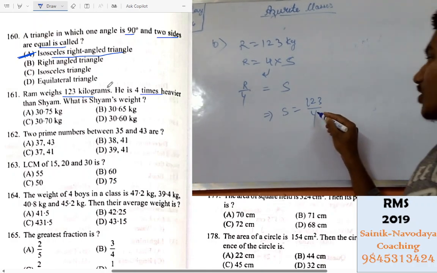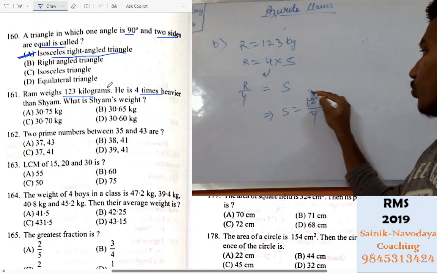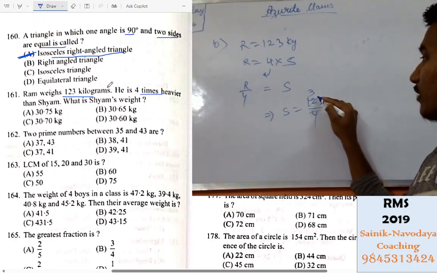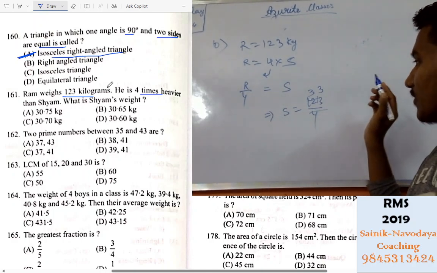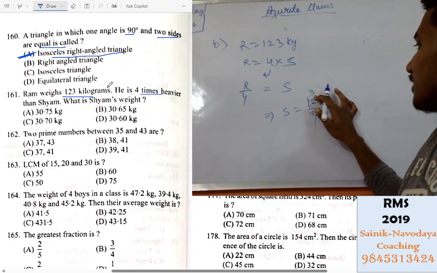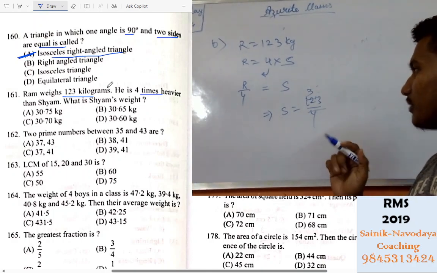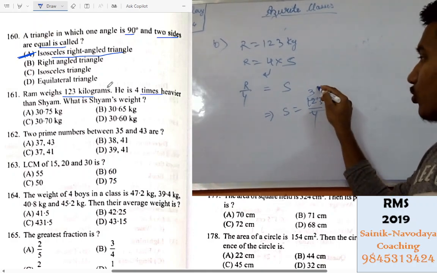4 3s are 12, so 1 will be remaining. Sorry, no, 1 will not be remaining. 3 is smaller, so 0 we have to take.